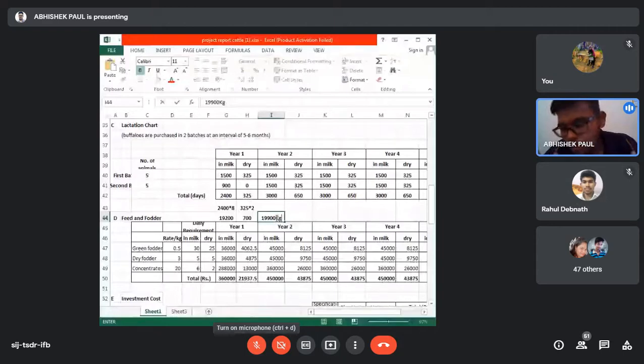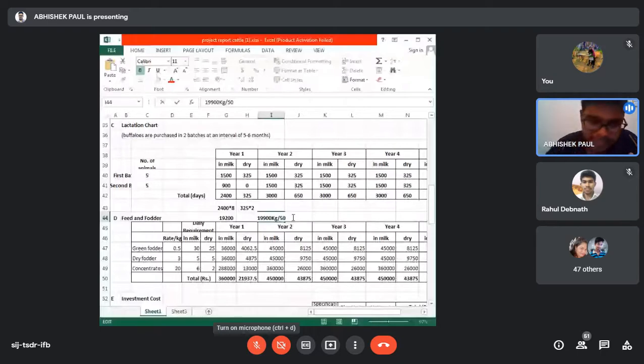Okay, so now you assume one gunny bag will contain 50 kg of concentrate, or you can consider our rice also. One bag of rice is 50 kg. So if it is 50 kg, then we will divide by 50. 19,900 divided by 50, then how much is it coming?